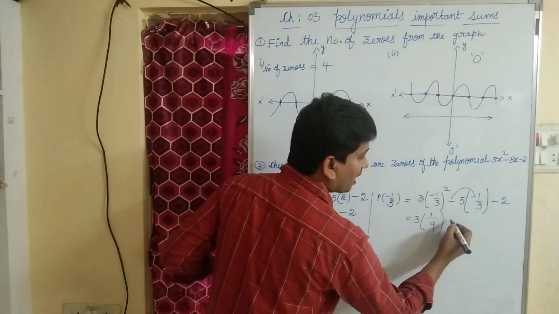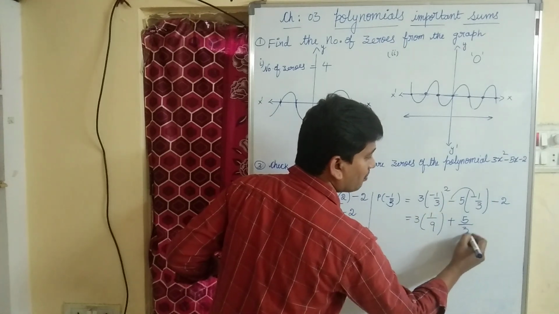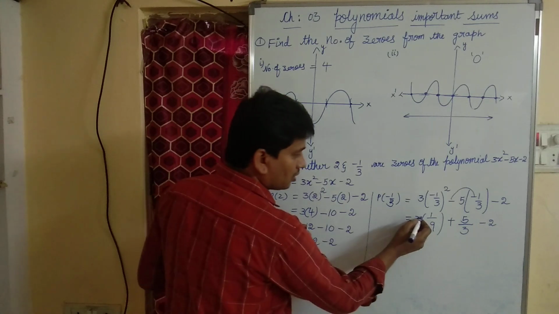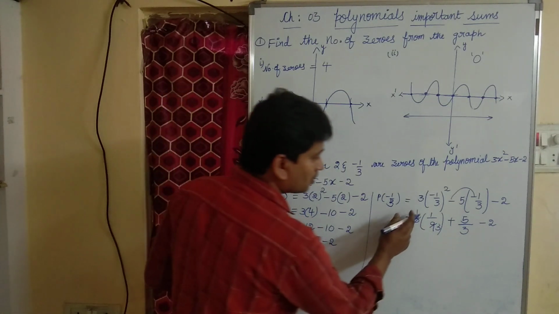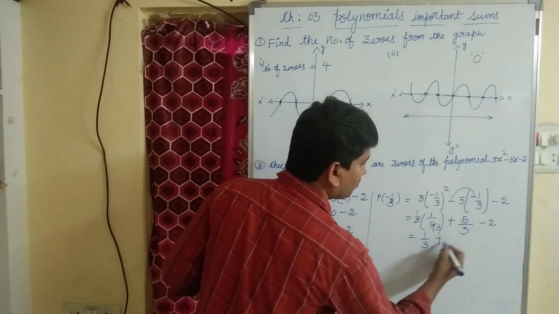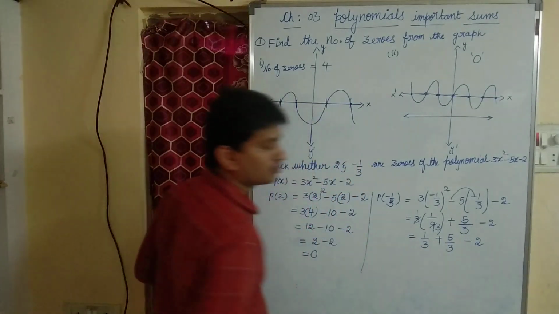Now minus into minus is plus, 5 divided by 3, minus 2. 3 ones are 3, so 1 into 1, that is equal to 1 by 3 plus 5 by 3 minus 2.